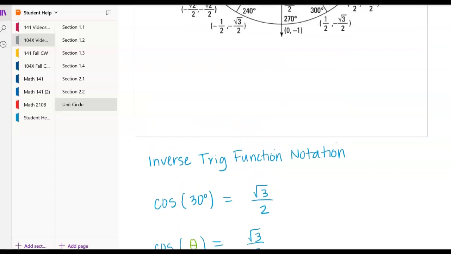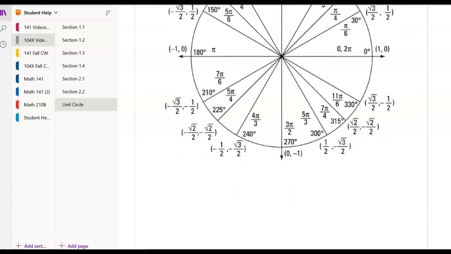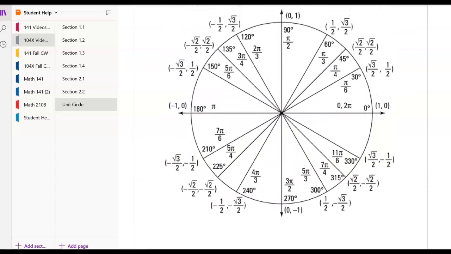But if I think about all of the different options on the unit circle, all the different triangles that are created, there's actually multiple locations where the cosine, remember the x-coordinate, is equal to square root of 3 over 2. There's actually 2 here. So 30 degrees is one option, but 330 degrees is also another option.